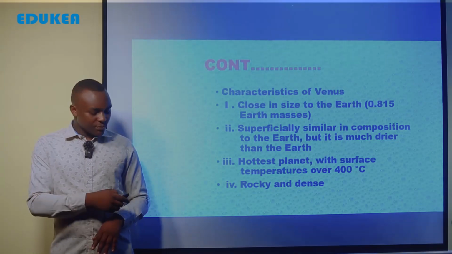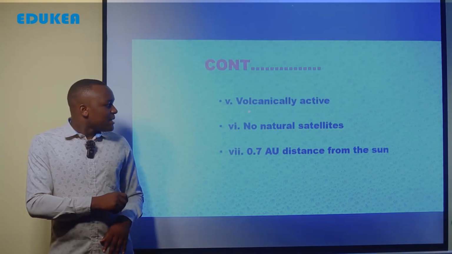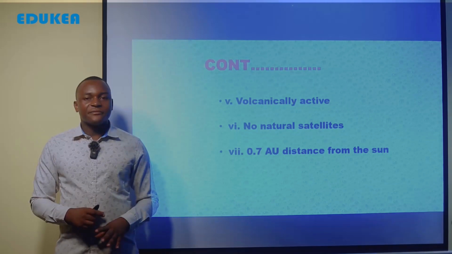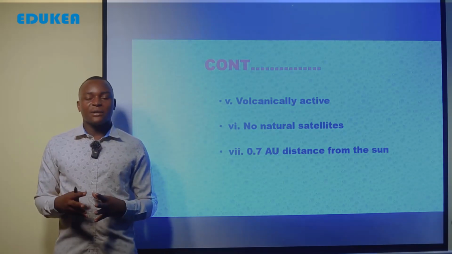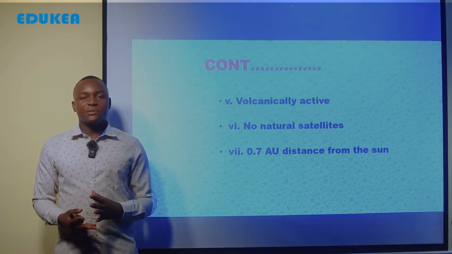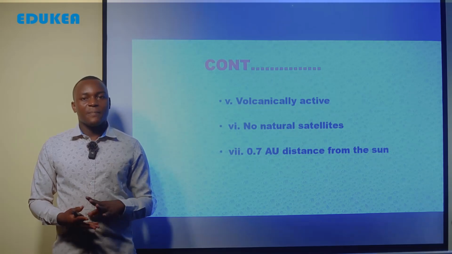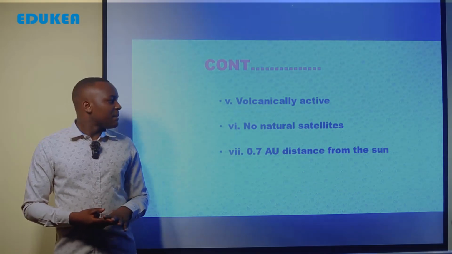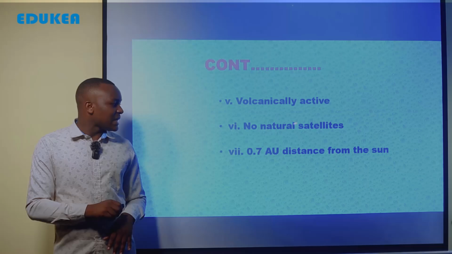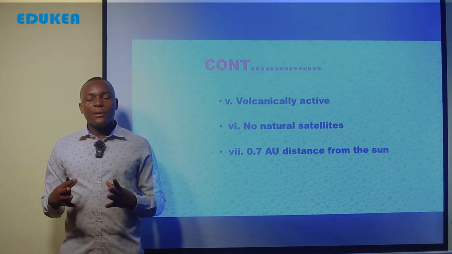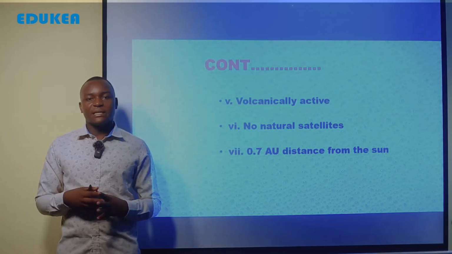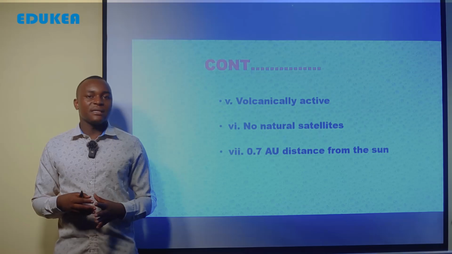It is volcanically active, meaning volcanic eruption is most active on Venus, but also it has no natural satellite, like a moon.